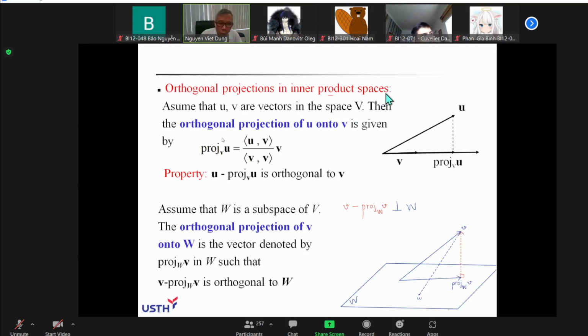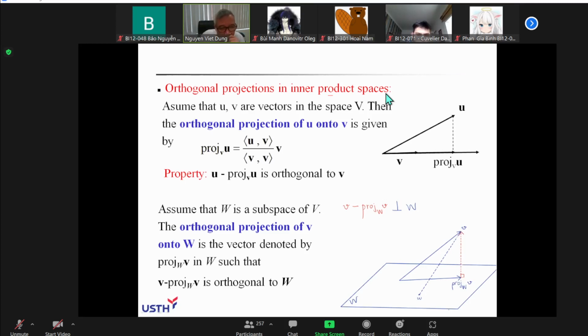Then the orthogonal projection of u onto v is given by that. You can see it here by picture. And we have one important property: u minus the projection of u is always orthogonal to the vector v.